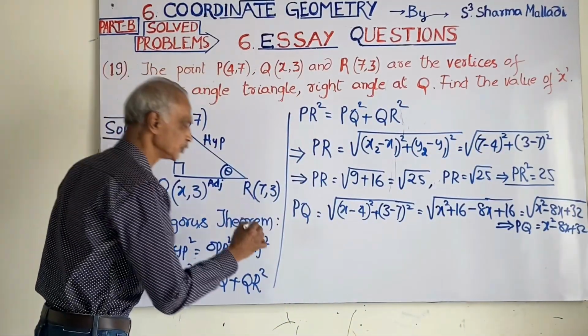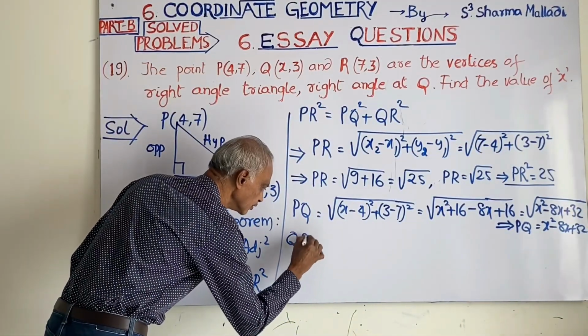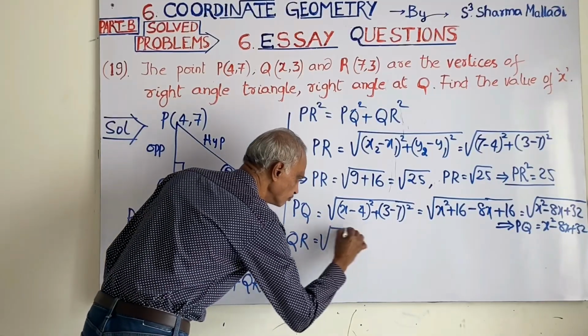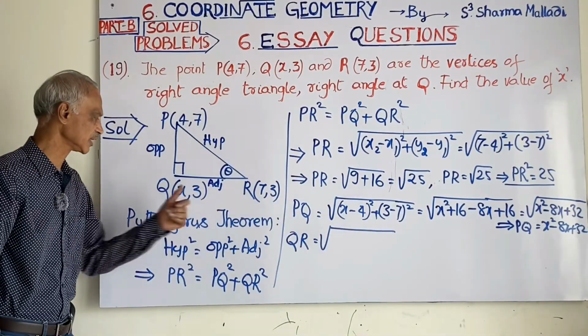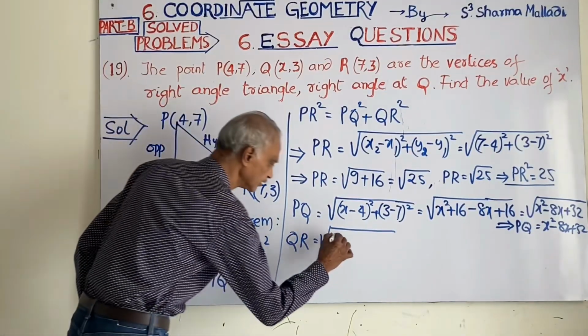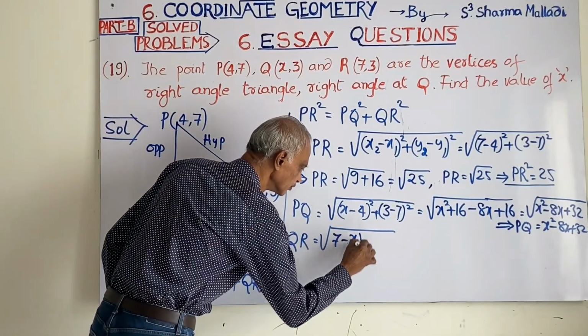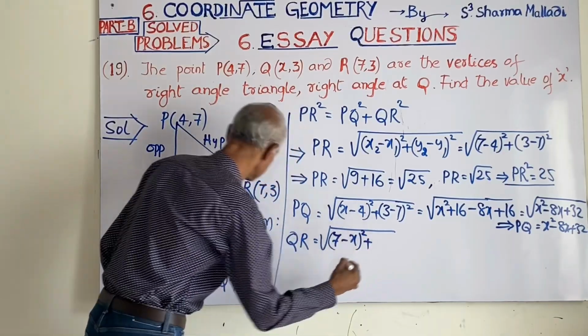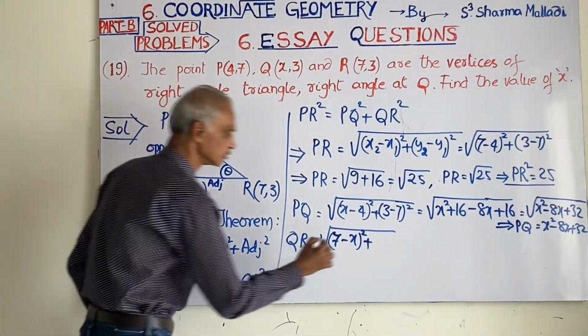Now we will find out QR. Square root of QR, x1 y1 x2 y2, 7 minus x whole square, plus 3 minus 3 whole square.